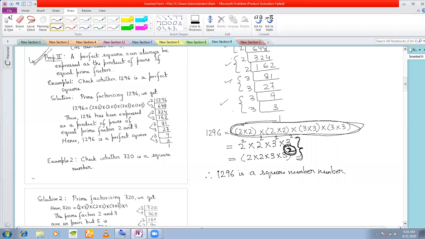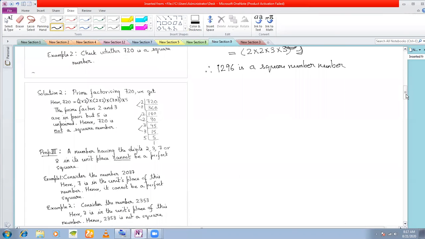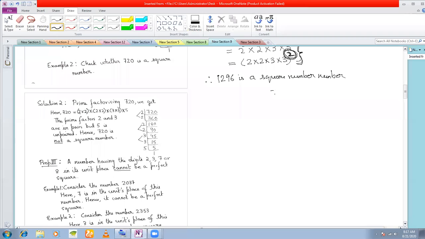Once I write it as a power 2, I know that 1296 is a square number. This is the way you check whether a number is a perfect square or not, by prime factorization. Let us take another example, 720. Prime factorize 720.